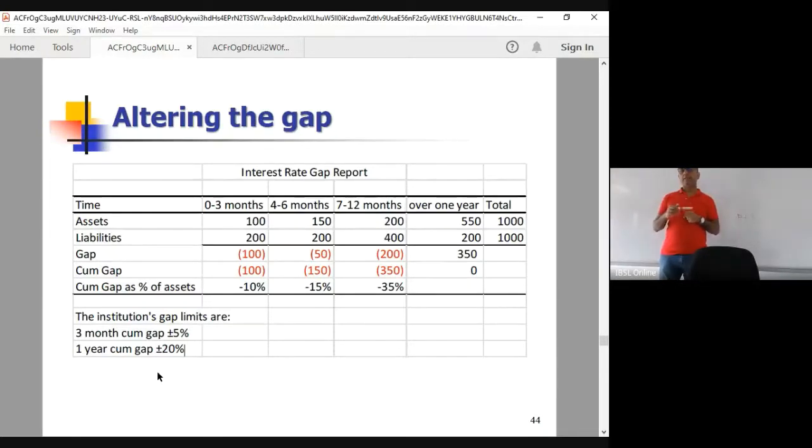In this case, in the first bucket, the 0 to 3 months bucket, is it a positive gap or negative gap? Negative gap. Okay. So when you have a negative gap, if interest rates go up, what happens?